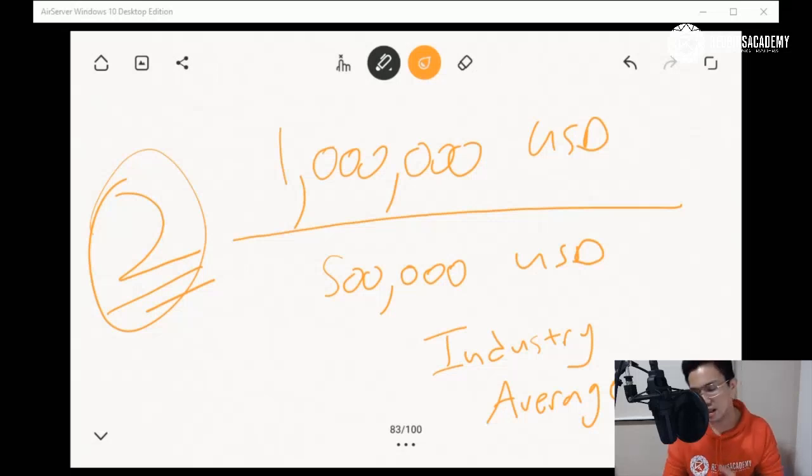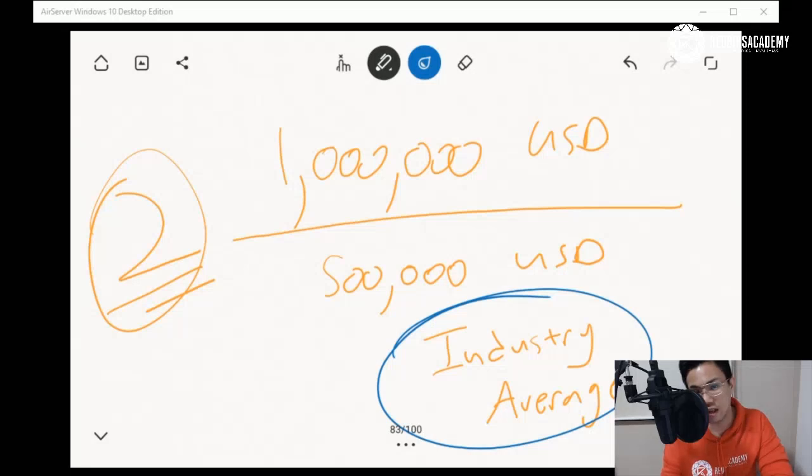But in other industries, like digital marketing or the advertising industry, maybe you sell the ads today, but by the time the customer pays you, it could be 3 or 4 months down the road. So your cash flow is not that good. At the end of the day, it comes down to the industry average. So make sure you check the industry average of the debt to free cash flow ratio or the debt to cash flow from operations ratio.